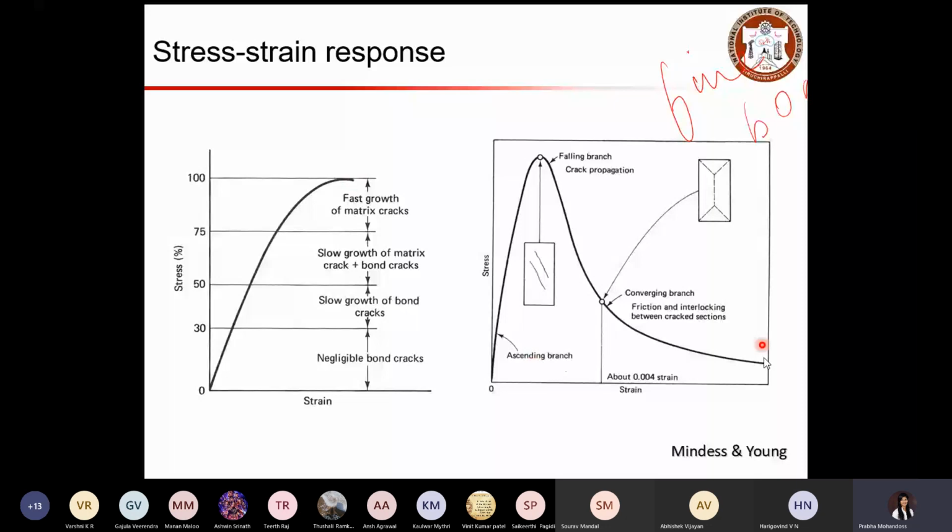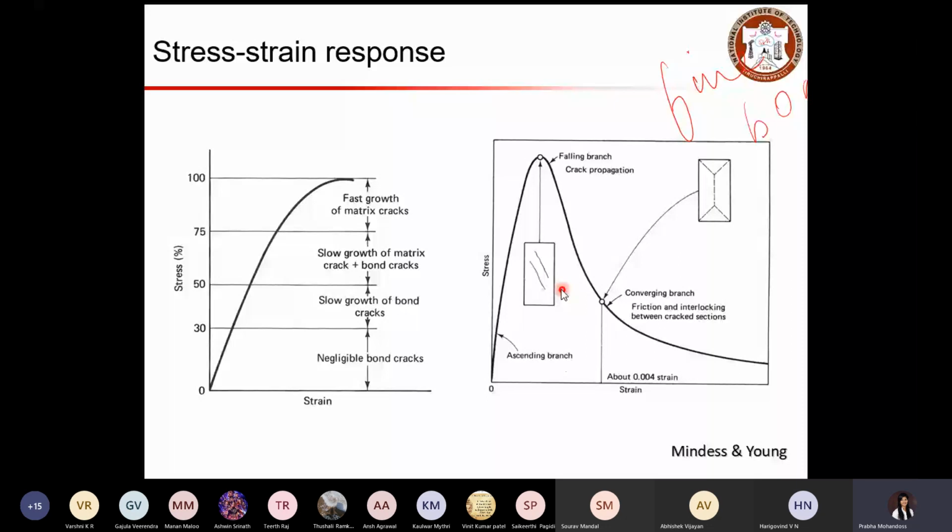You have your ascending branch here, so that corresponds to this region, where your cracks slowly grow with the increasing applied load, and then your cracks are connected, and you can start forming long cracks on the concrete surface.